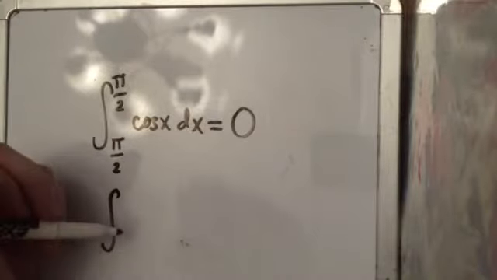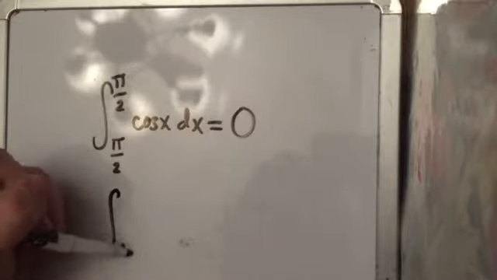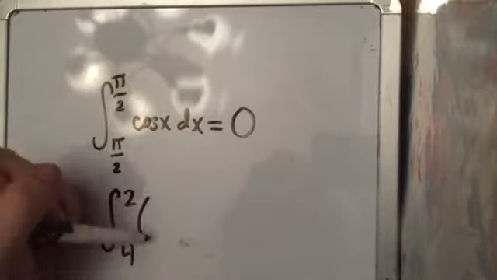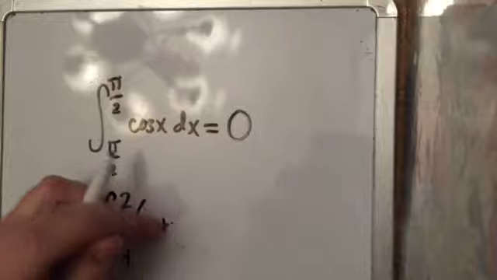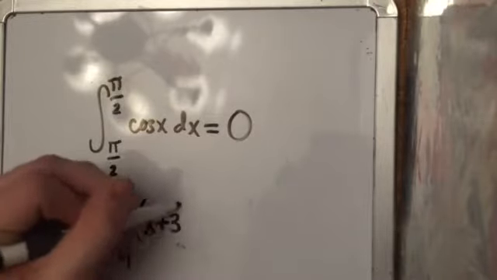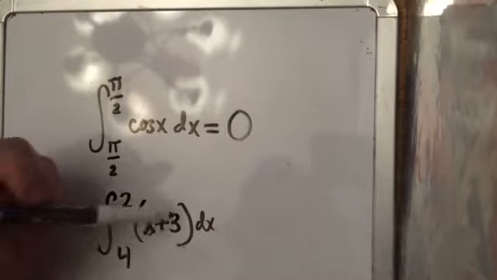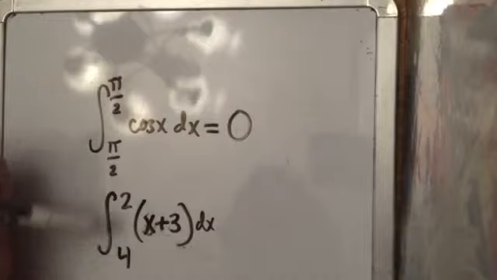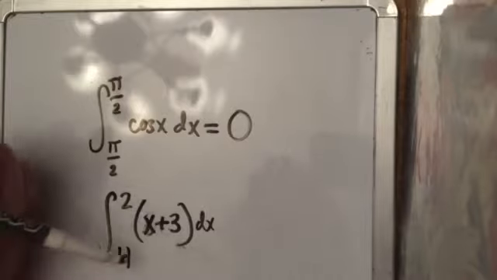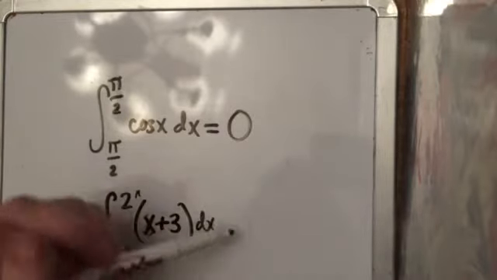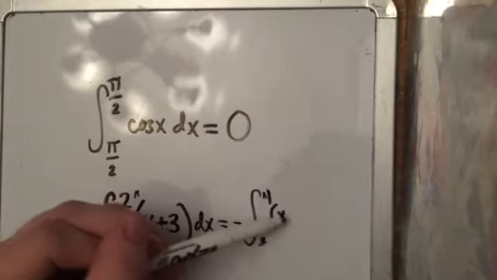Let's say from 4 to 2 of x plus 3 dx. You know that on a positive function like this, if it's going from 4 to 2, that's the opposite direction from the positive function. So that would be b and this would be a. So we know that that's equal to the negative of the integral from 2 to 4 of x plus 3 dx.